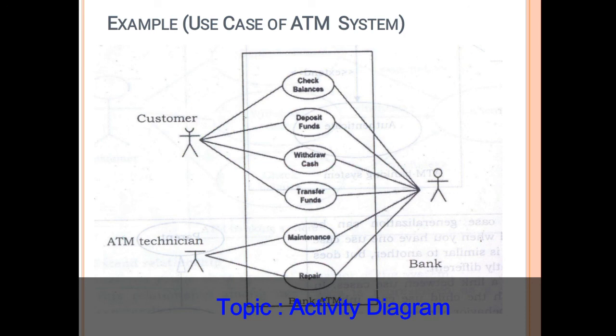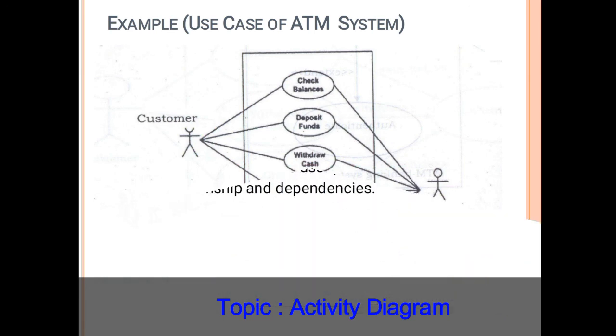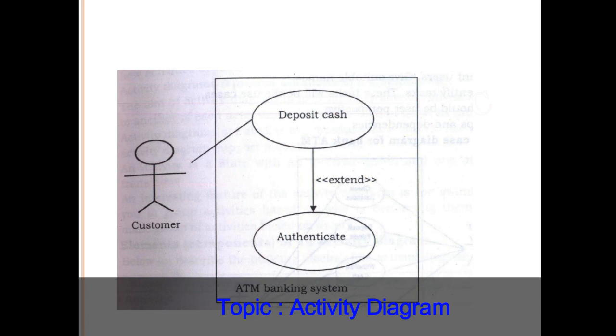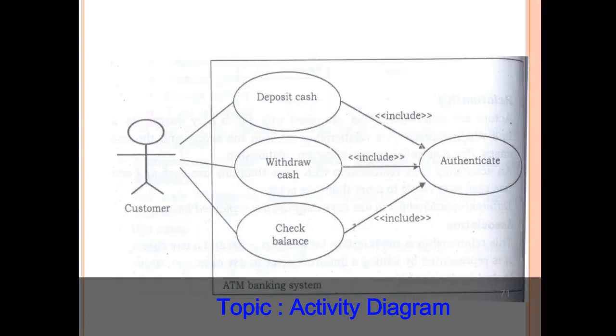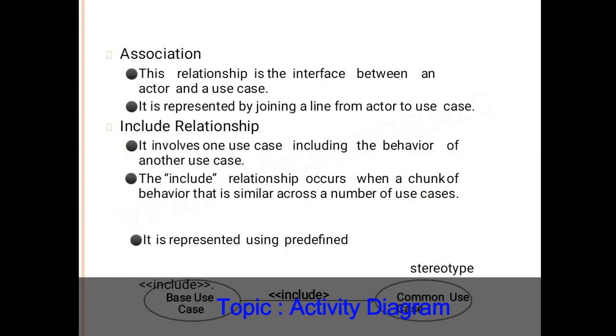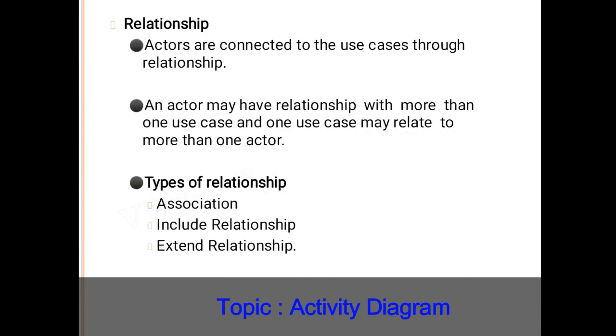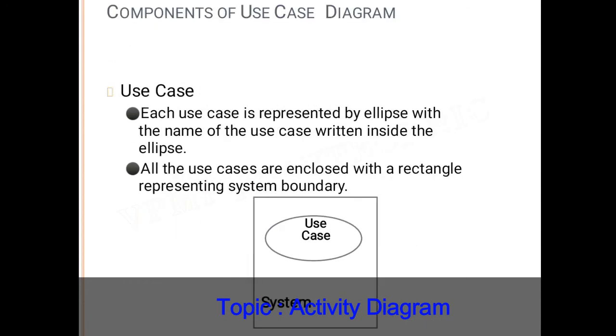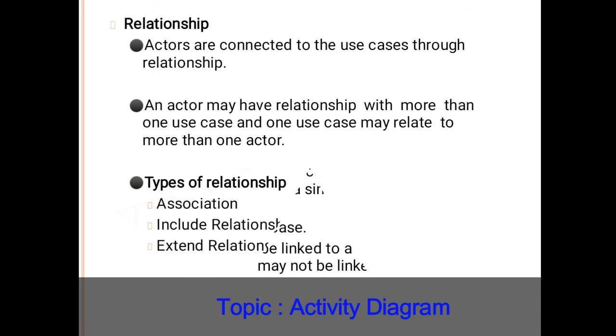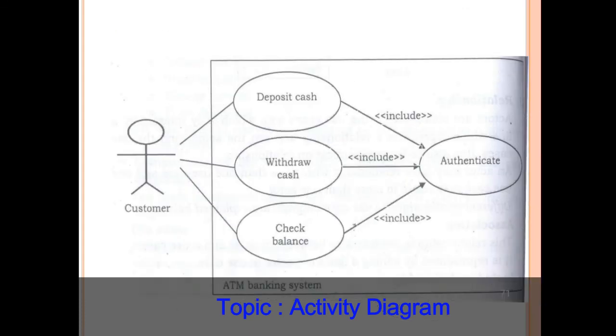Whenever this question is asked in the GTU exam, like explain use case diagram with proper example, then you have to write this type of description about use cases, its guidelines, describe all the symbols with their descriptions, and then draw this type of use case diagram example.